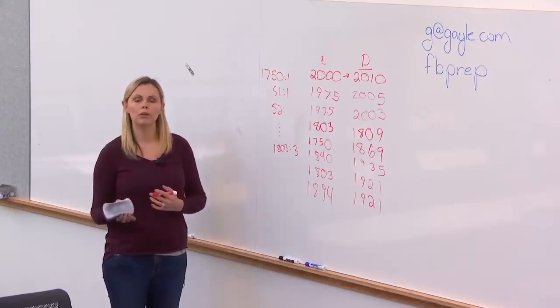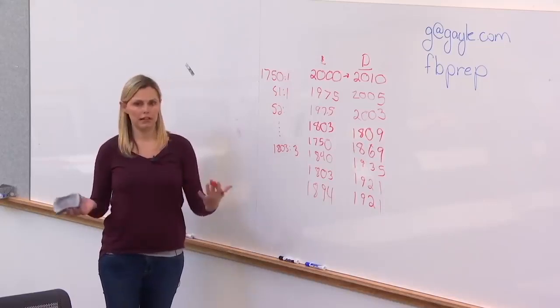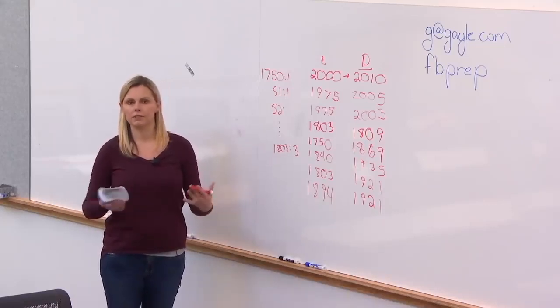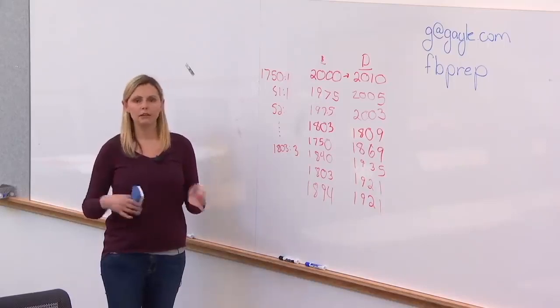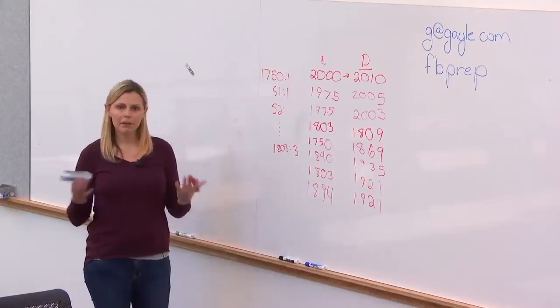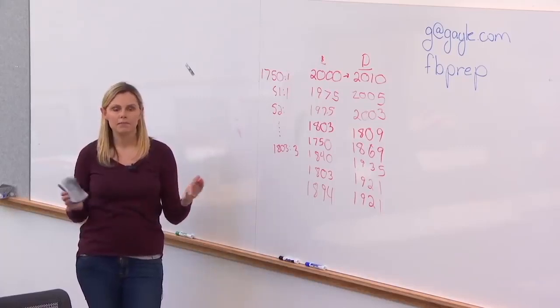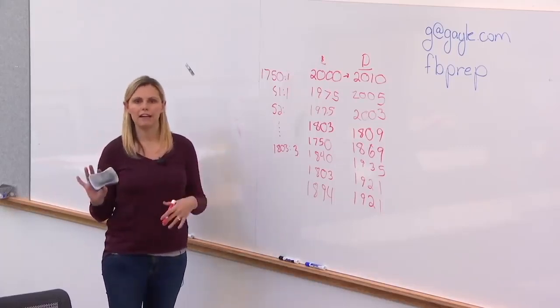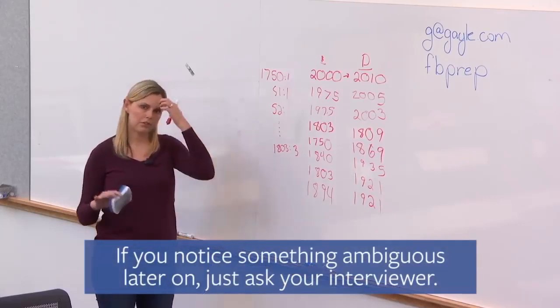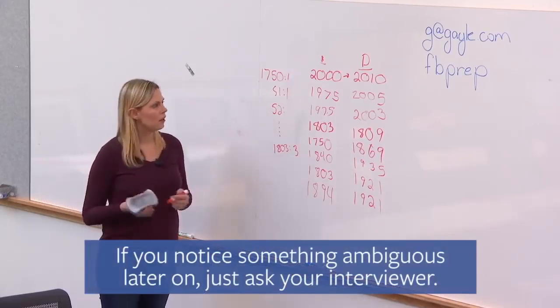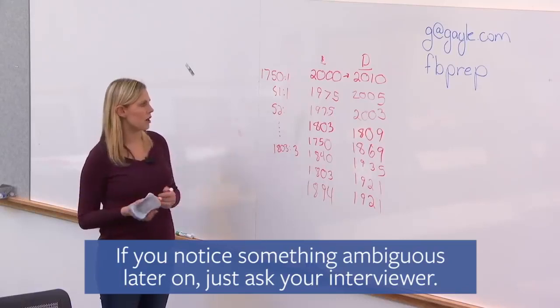Now, in an ideal world, I as a candidate would have realized that in the very beginning, that that's a potential ambiguity. But I didn't, so that's fine. So I ask it later on. My interviewer will tell me, in this case, oh, you don't need to return a range, just any year that's the highest is fine. So if there's a tie, just return any of those years. Great, okay, so then the approach I was talking about works.